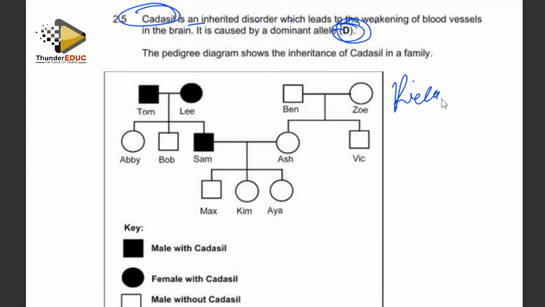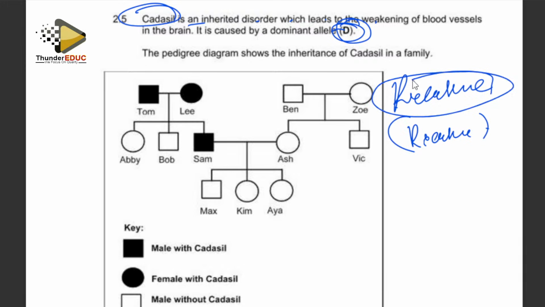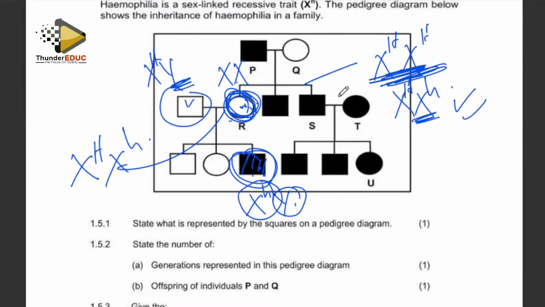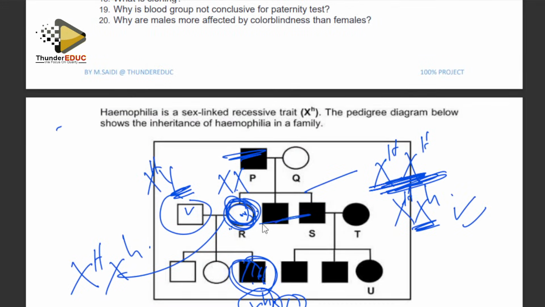If it is caused by a recessive allele, the person who is shaded must have the recessive alleles, meaning that the one who is shaded is the one who is sick.